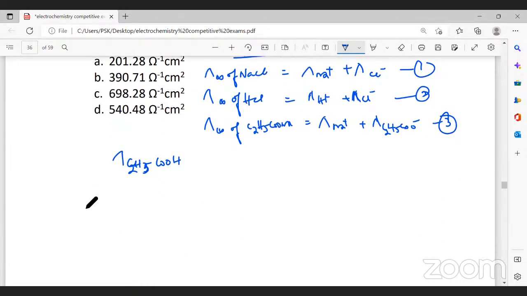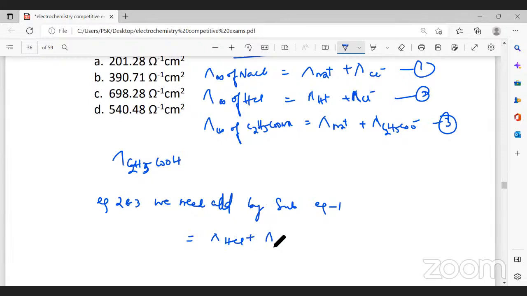In order to get this, what we're supposed to do is add equations 2 and 3, and then subtract equation 1. When we add 2 and 3, what will you get? You get lambda HCl plus lambda C2H5COONa, minus the first equation, lambda NaCl.